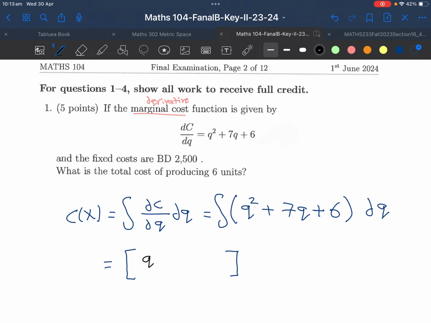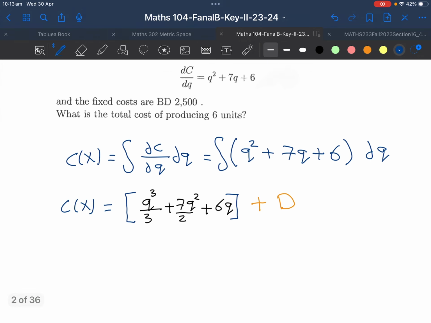Q squared, we add 1 to the power, we get q cubed over 3. 7q will become 7q squared over 2, we add 1 and we divide by that power. And because we have 6, we just write 6q. And don't forget, there is a constant d of the function. This is C of q.